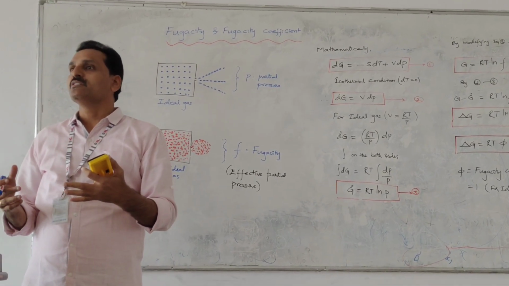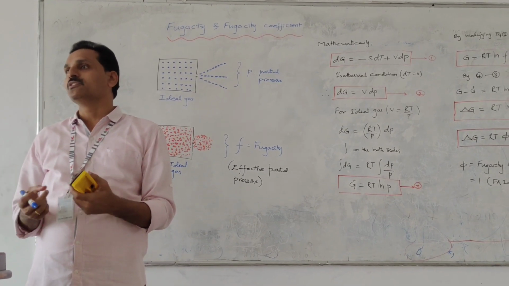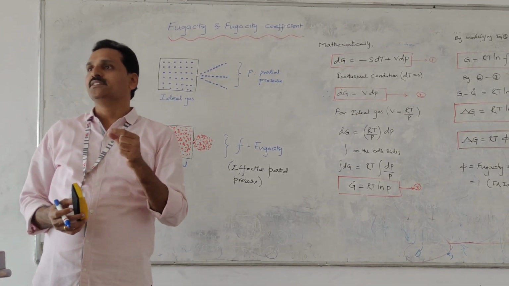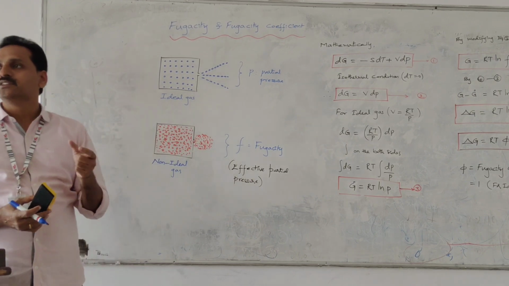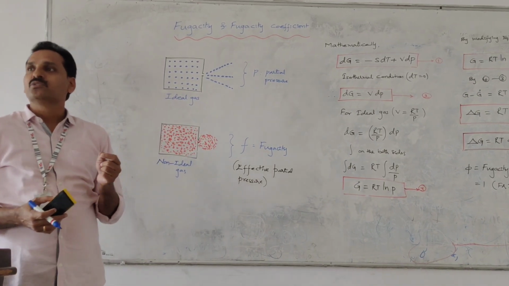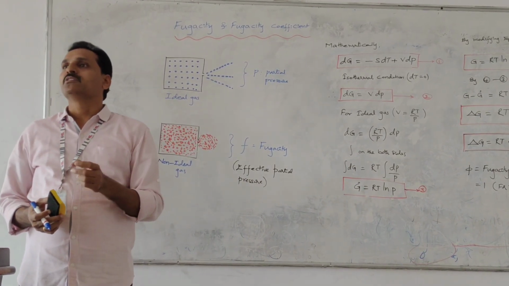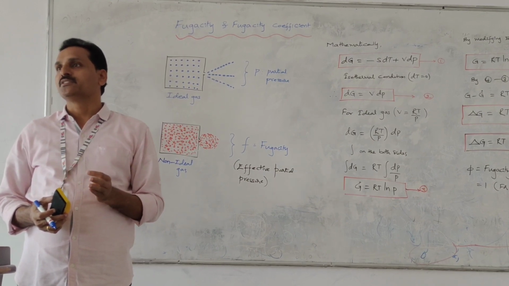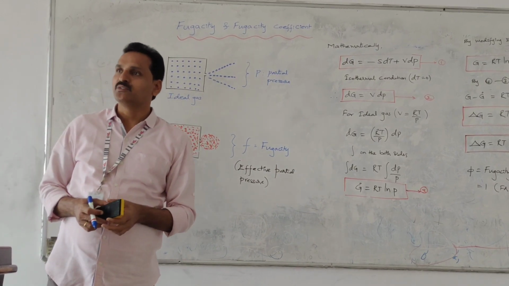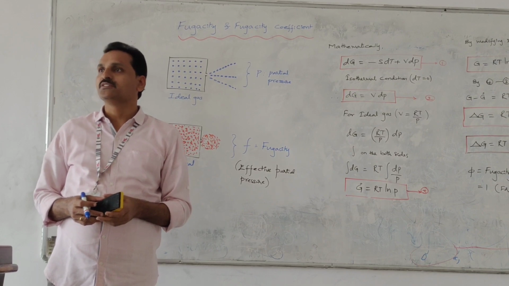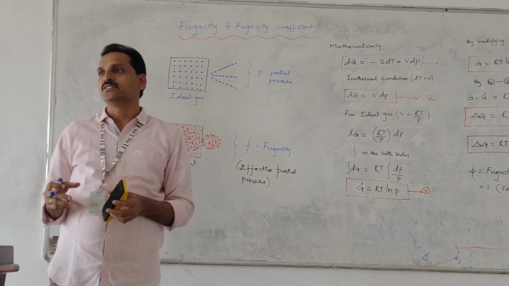This is called fugacity. Generally, this word is used in thermodynamics to study the behavior of non-ideal gases such as carbon dioxide, nitrogen, oxygen, chlorine, fluorine, and so on.